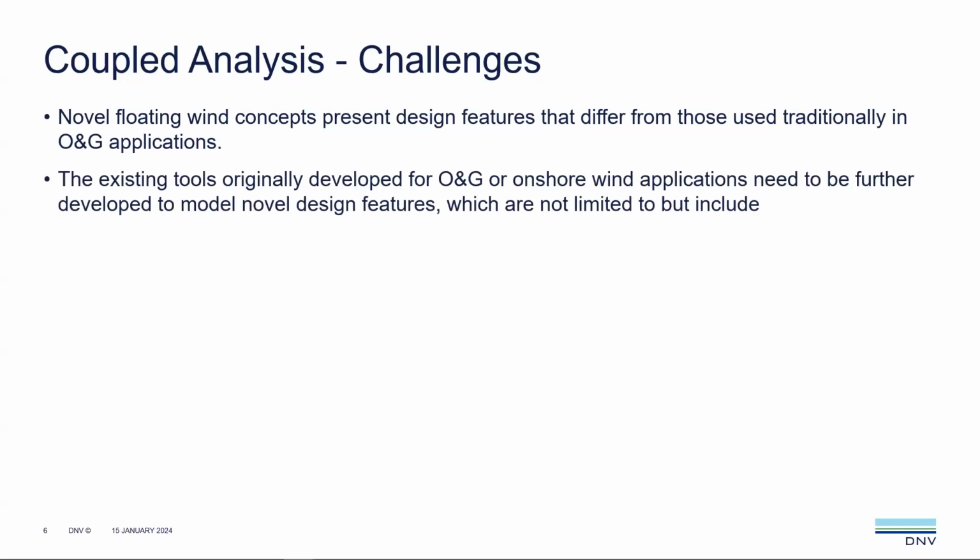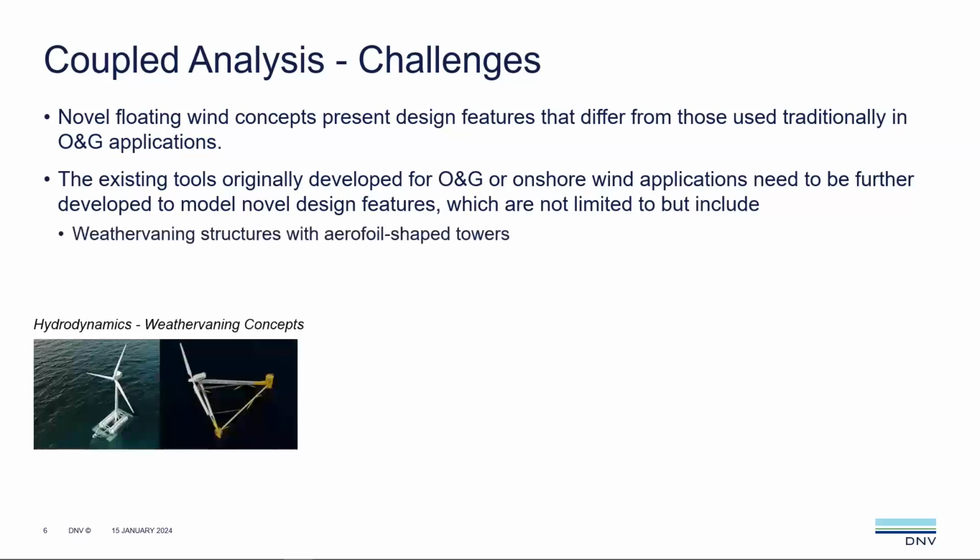We see more and more novel designs being presented for floating wind systems that try to optimize the mass, for example, of the floaters, and some of them rely on weather vaning concepts, meaning that they can align with the wind direction automatically.